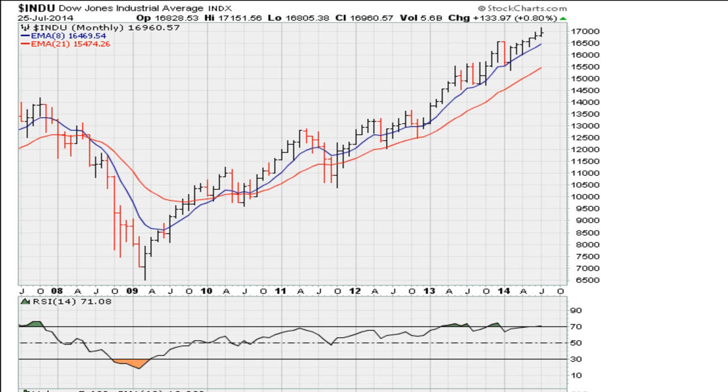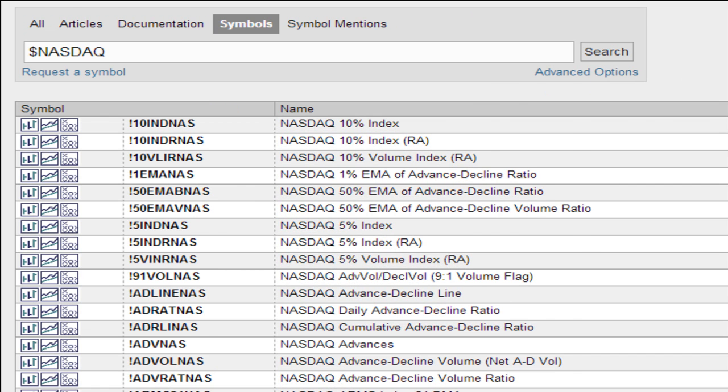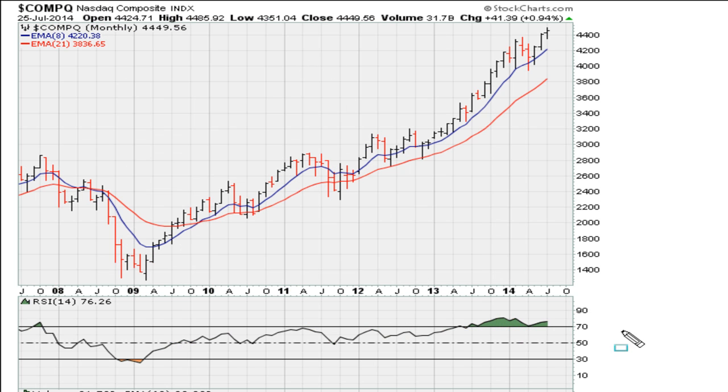If you take a look at the Nasdaq, you'll see that also on the monthly, its RSI is holding above 69.10. So because the markets are doing well on the monthly charts is the reason why it's very hard to take this market down. And so it's only when the monthly RSIs move back below 69.10 that we might get a sell-off.